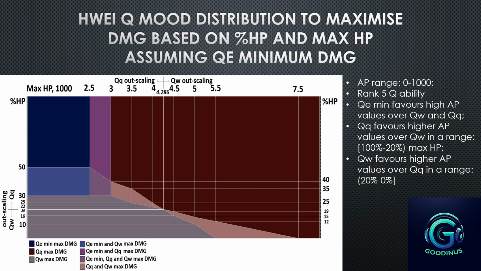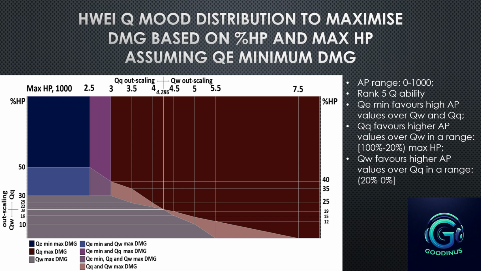Directly on the graph, you can see these different colored regions. Those regions represent the abilities that would deal the maximum damage in that region. Dark blue represents the QE minimum, dark red represents the QQ, and gray represents QW. The lighter blue represents the region where both QE minimum and QW can have a range of AP where they deal the most damage.